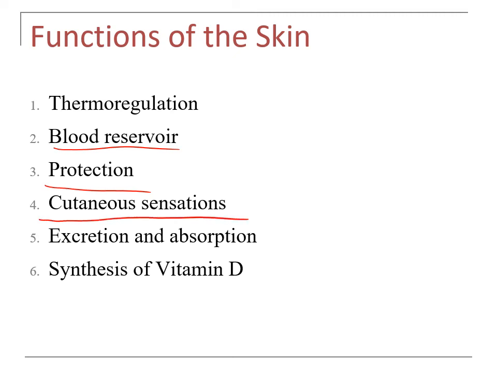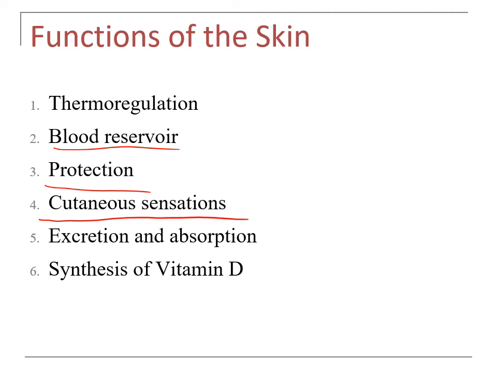It provides protection to the body in various ways. It has cutaneous sensations. Those are sensations that arise in the skin, including tactile sensations, touch, pressure, vibration, and tickling, as well as thermal sensations such as warmth and coolness. Another cutaneous sensation is pain, which usually is an indication of impending or actual damage of tissue.